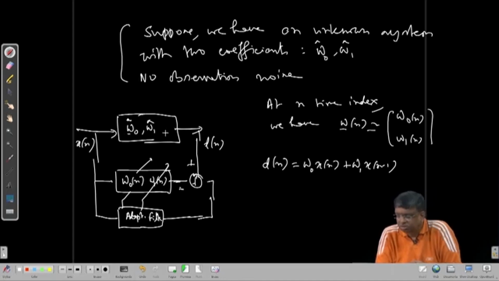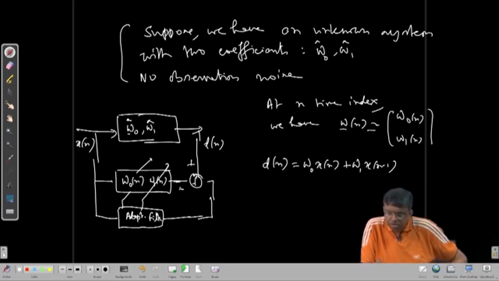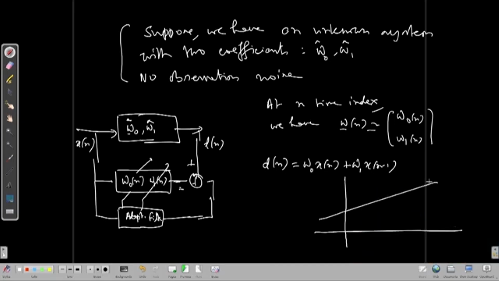So this is a straight line. Suppose I draw this straight line at the nth clock, that is dn equals this. This straight line contains all the points W0, W1 which satisfy this, and therefore contains this also, because these are the true coefficients, they obviously satisfy these equations.